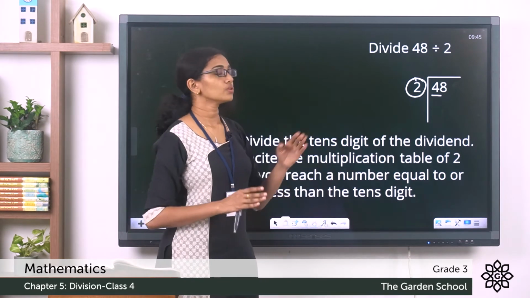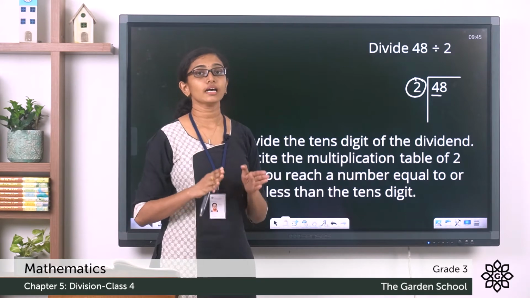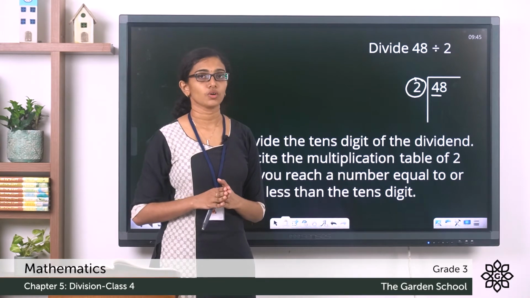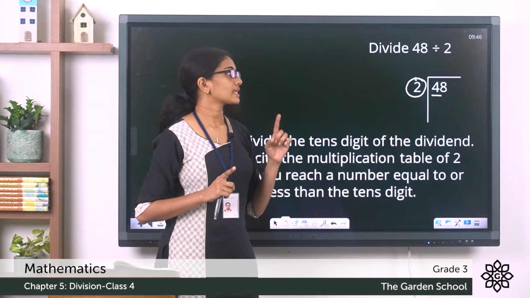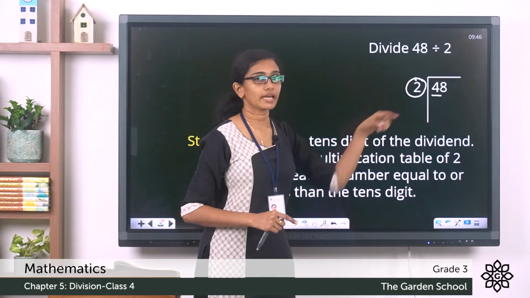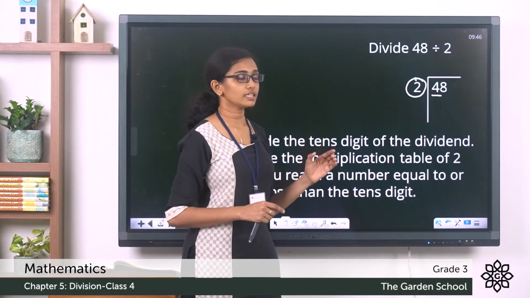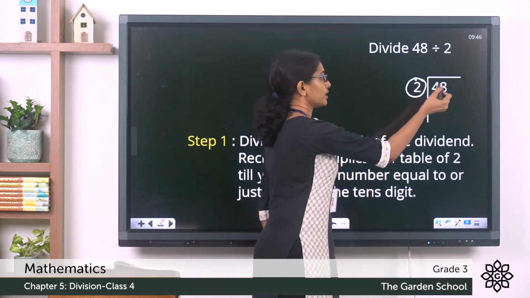Clear? So, 2 ones are 2, 2 twos are 4, but 2 threes are 6, which is more than 4. So we get 2 twos are 4. So let's take that 2 and write it here. This is the place where you are supposed to write the result or the quotient of the division. So let's write 2 here.